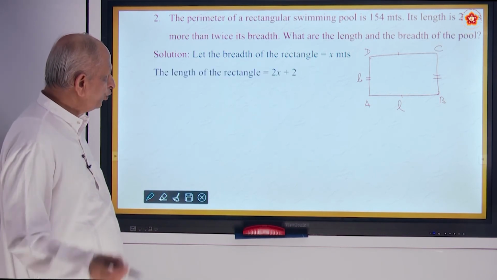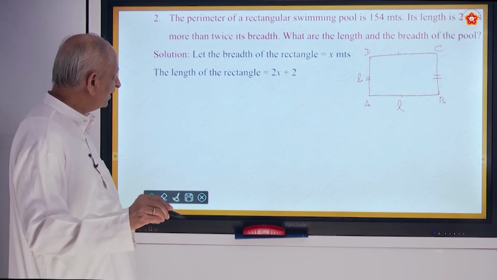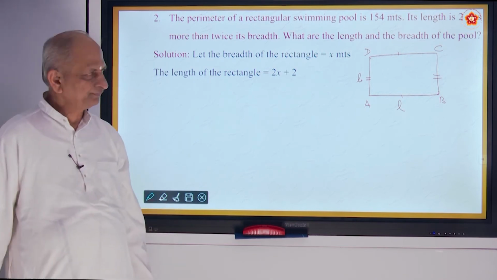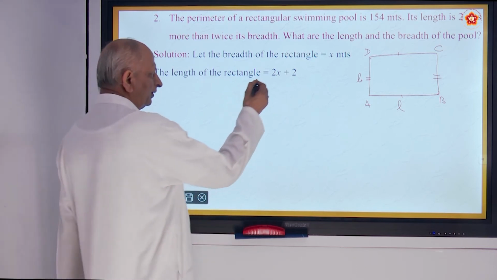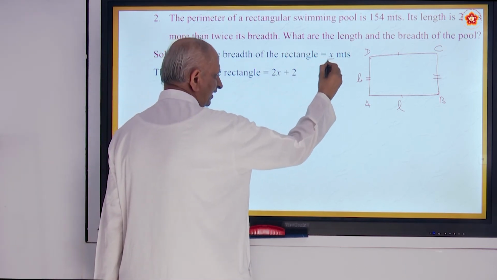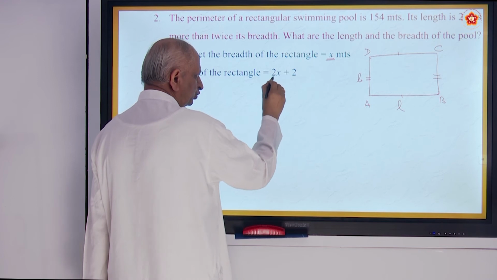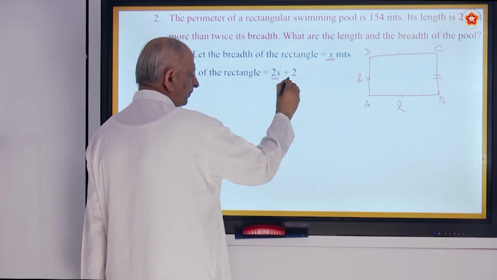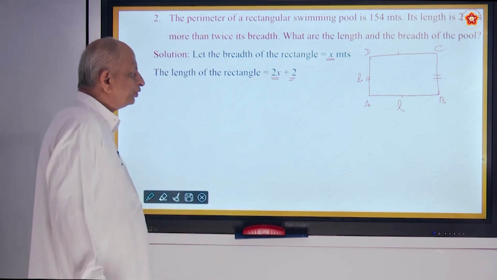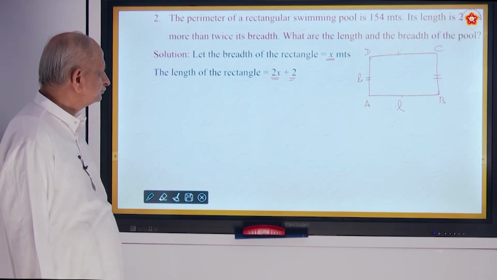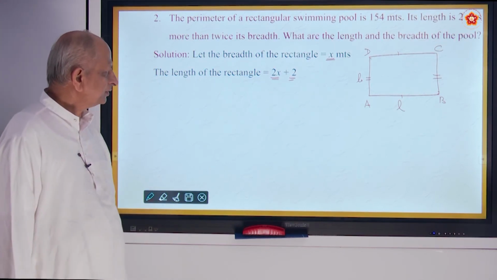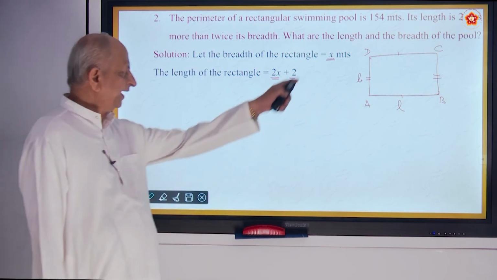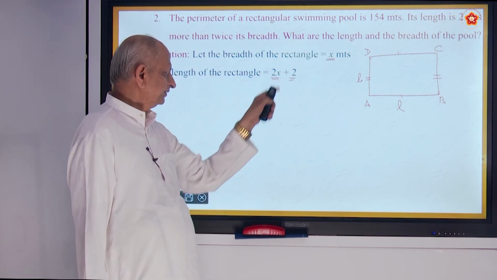Length is 2 meters more than twice its breadth. So, twice means what? x is the breadth, twice means 2x, 2 meters more. So, 2x plus 2. Okay, understood? This is breadth, this is length.